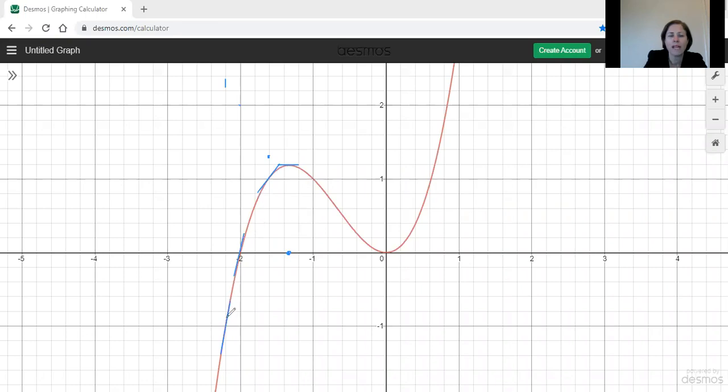Now, basically what I've shown is that the gradient starts off quite steep, and then as I move closer to the turning point, it gets less and less steep. Remember that steep for gradient, when I transfer that into a number, the steeper the graph, the higher the number when it's a positive gradient. The less steep the graph, the lower the number.